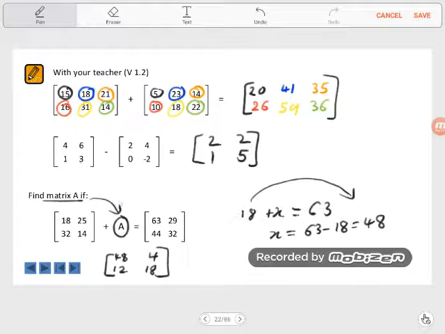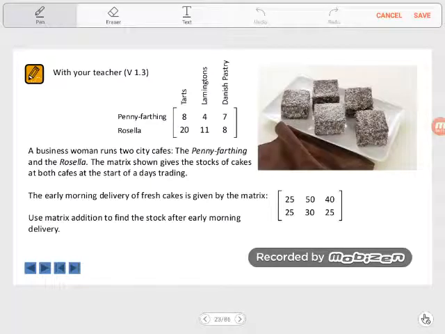So we've got to decide what matrix goes in that place. Okay, so you might want to pause the video now and have a go at this cafe example. So I'll try it after you've had a go at it.